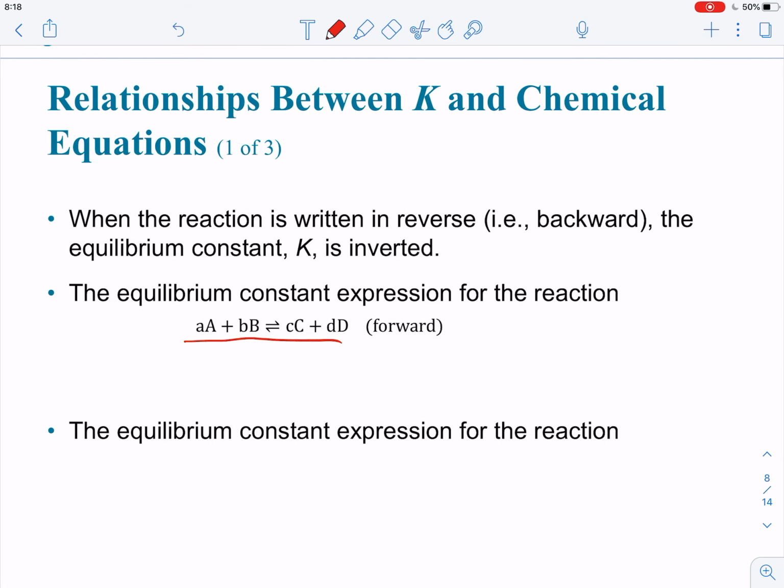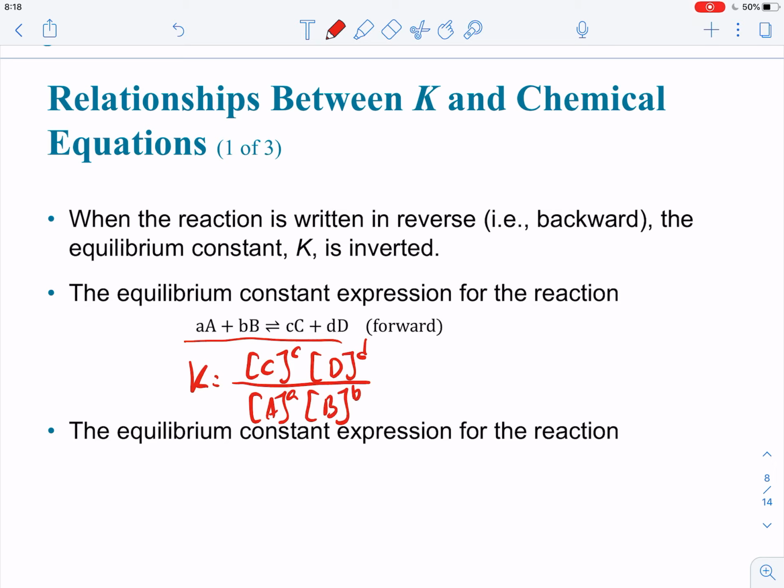Therefore, if we wanted to write the equilibrium constant for this, K is going to be concentration of C, concentration of D, over concentration of A, concentration of B, all raised to the corresponding power according to your stoichiometric factor.